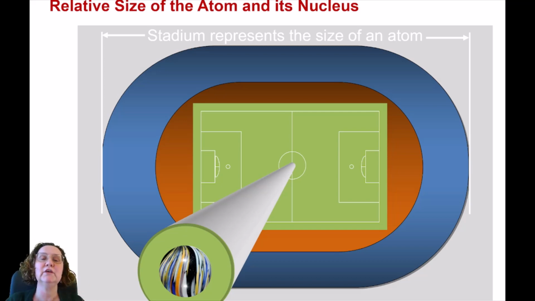So if you imagine a football stadium, and a marble right in the center of it, that marble will represent the nucleus of your atom. And in that tiny marble, you would have concentrated 99.9% of the mass of that atom. So nuclei are extremely small, but extremely dense.